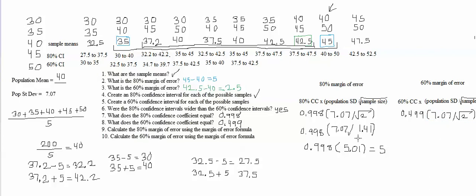And we know that this is 1.41. So it's 7.07 over 1.41.